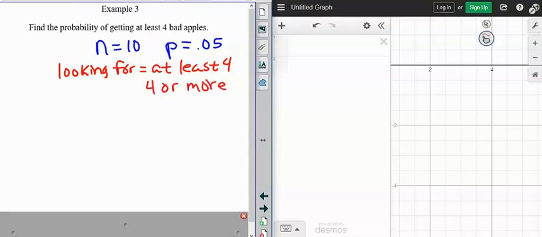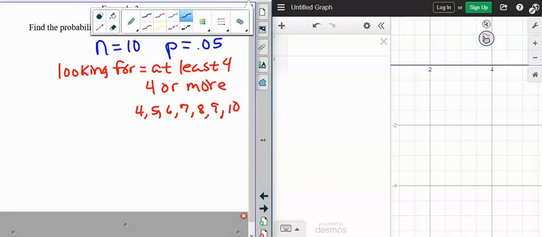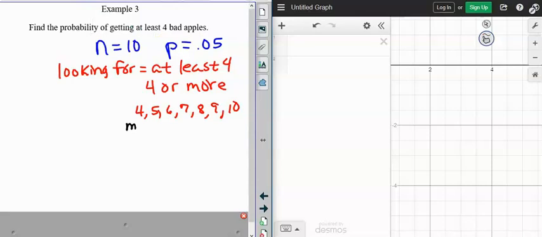Now, because our number of trials is 10, we're going to start with 4, 5, 6, and go all the way up to 10. And again here, our min would be 4. Our max would be 10. So we're going to fill everything in here and find out our probability.